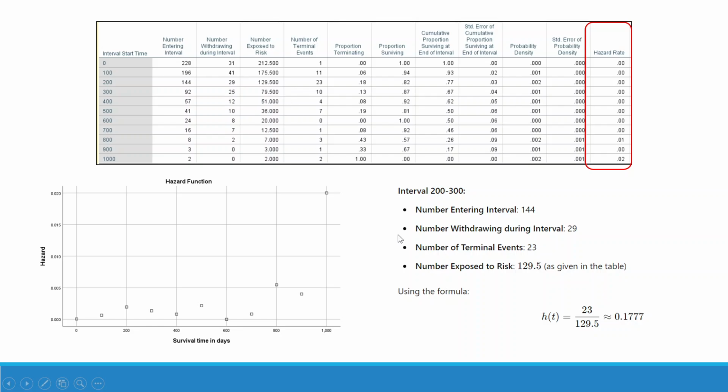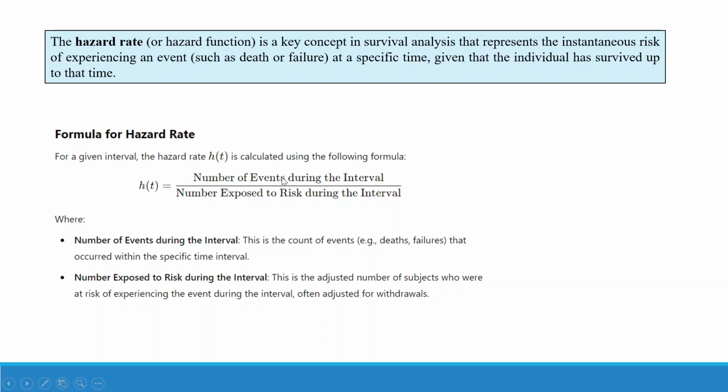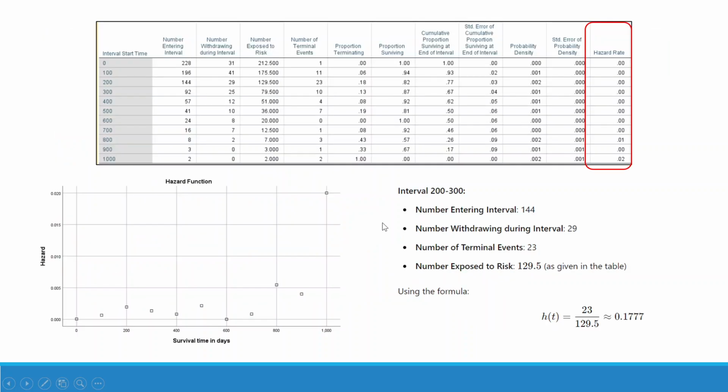So using the formula, number of events during the interval 23, number exposed to risk 129.5. So 23 divided by 129.5, you will get 0.177. Here it is 0.00, so it is simply adjusted, rounded off. Okay, the correction has been done and we got the value 0.00. So the hazard rate is 0.00.